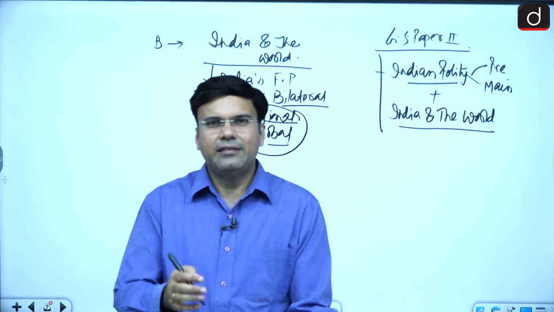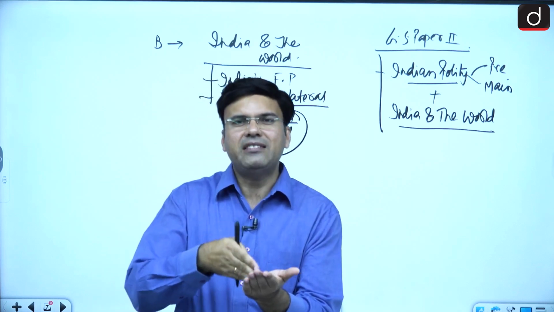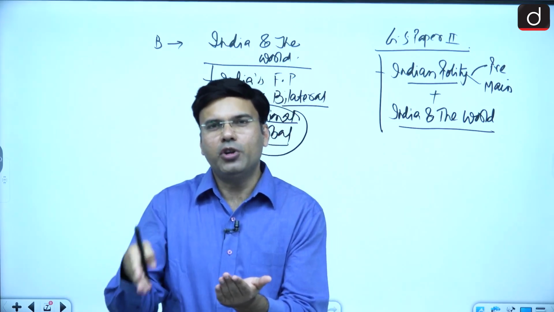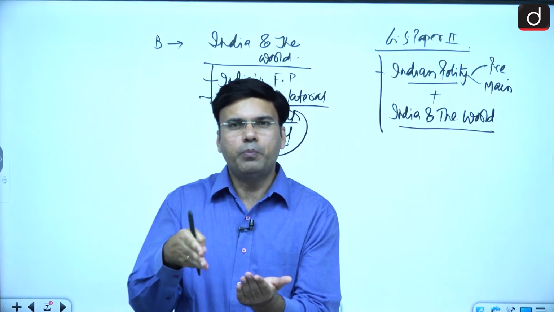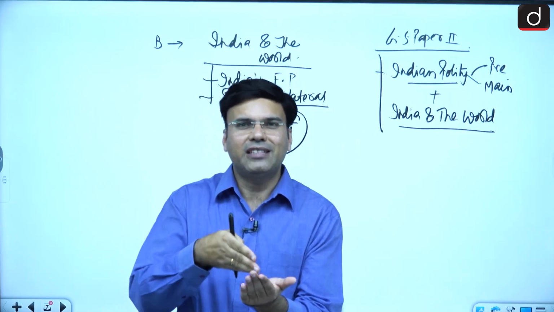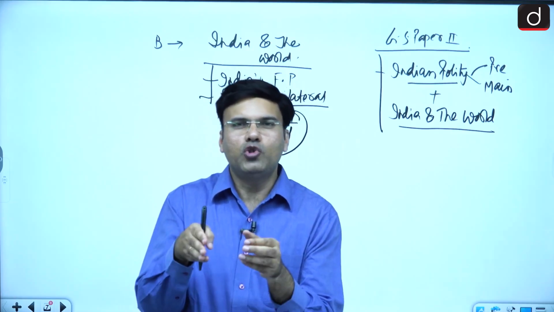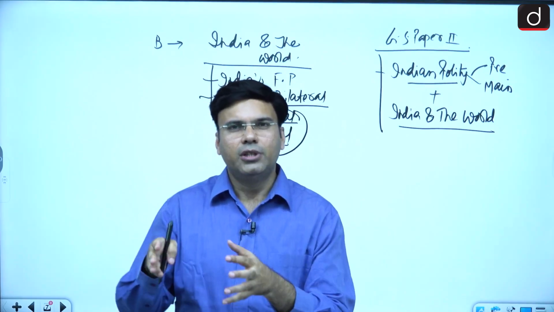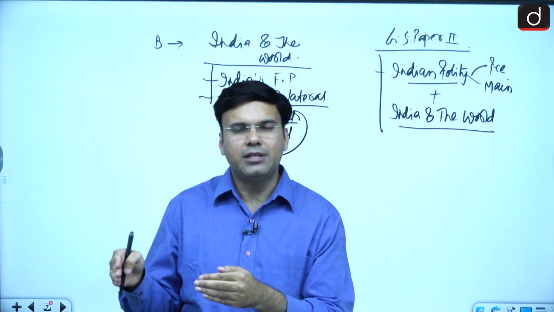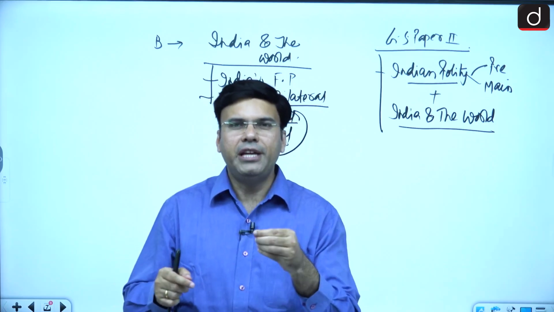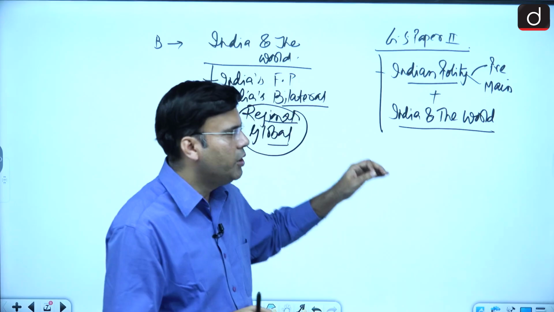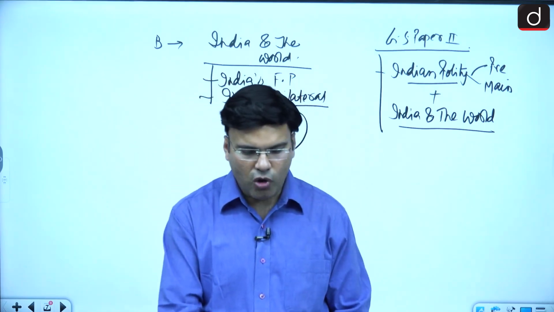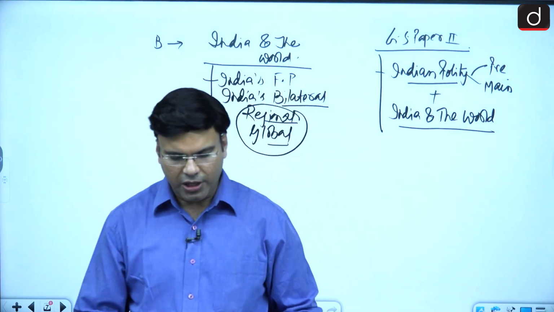So what I'm saying is that you save an immense amount of time for the preparation which has to be devoted to the general studies 2 paper as well as the Indian polity section for the prelims, because you can complete the entire syllabus of GS paper 2 barring governance, and pre-Indian polity, by doing the PSIR optional. So that's one paper, a very strong linkage that we can find.